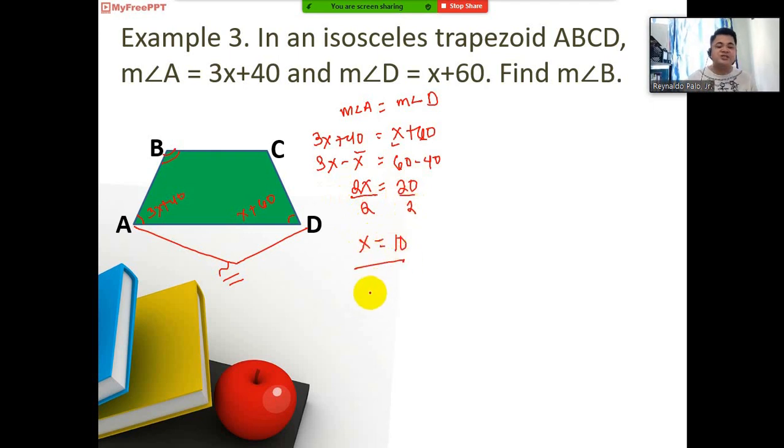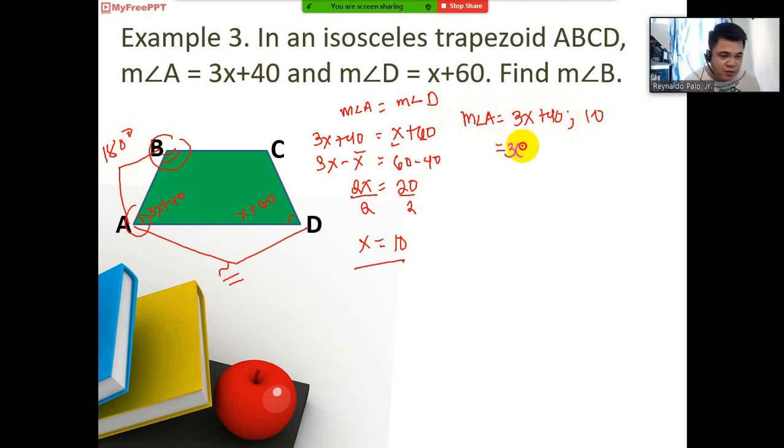So that's just the value of x, guys. All we need to do now is to solve for the measurement of angle B. But before we solve for angle B, we have to apply the property that leg angles are supplementary. So we have to solve first for angle A. The measurement of angle A, according to the given, is 3x plus 40, wherein the value of x is 10.